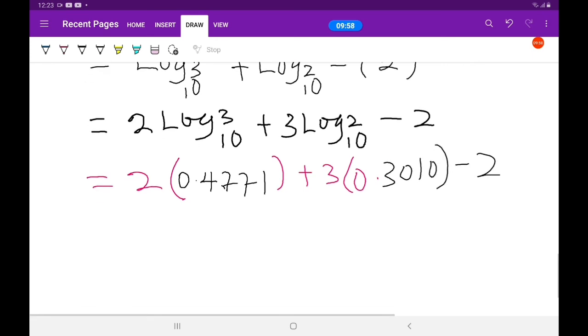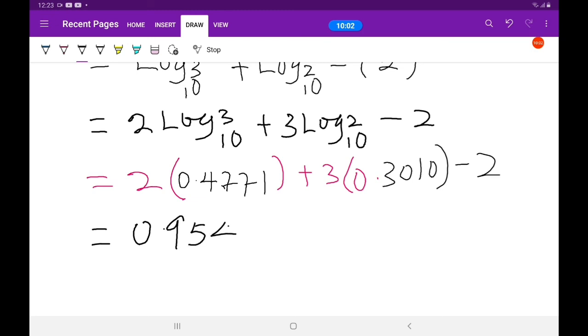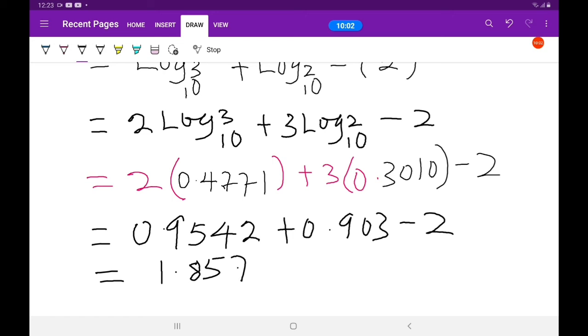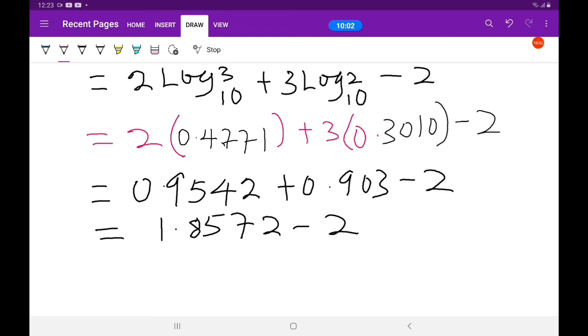If you multiply this very well, you get 0.9542 plus 0.9030 minus 2. And that will now give us 1.8572 minus 2. So log of decimals are usually negative. So our final answer would now be negative 0.1428. And we have come to the end of this.